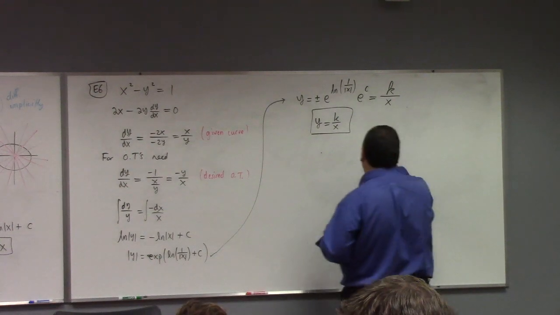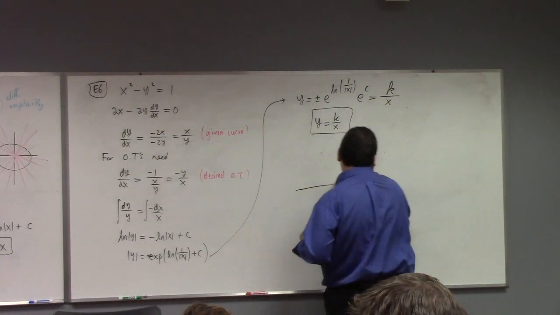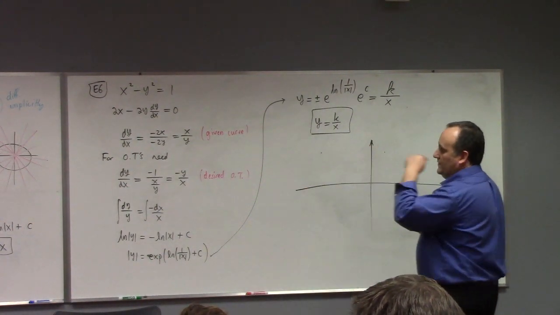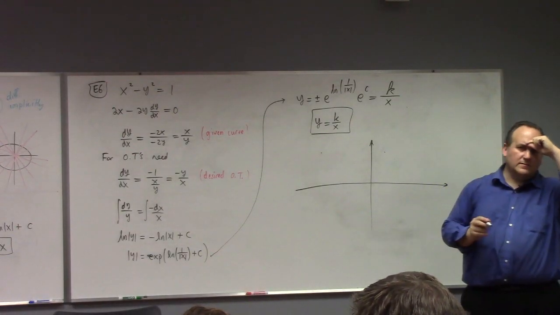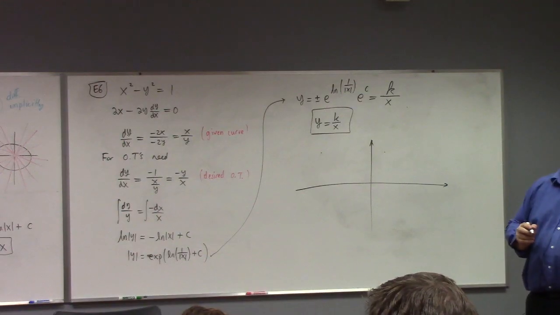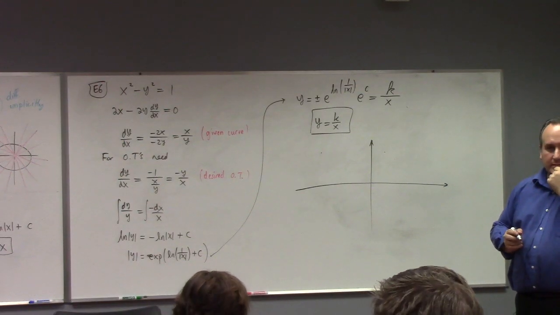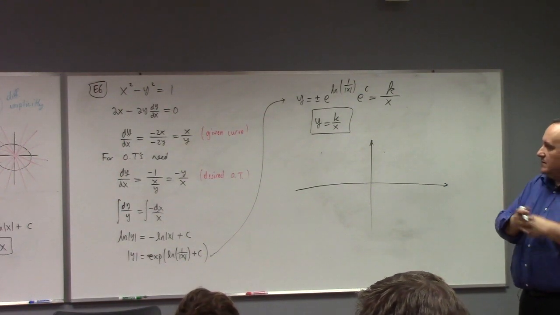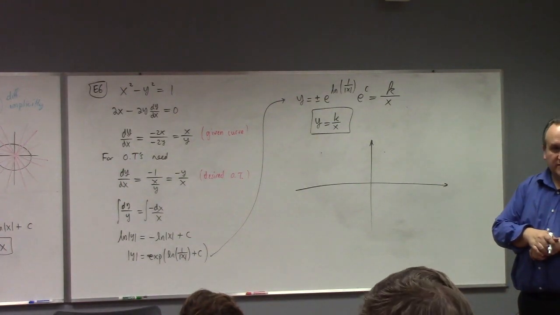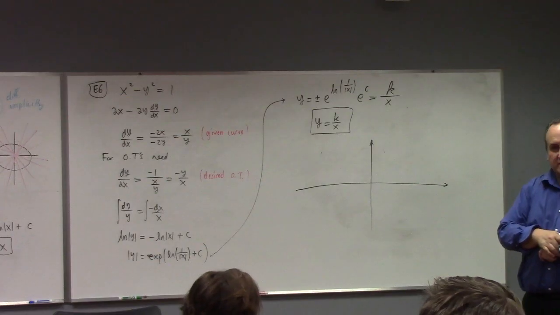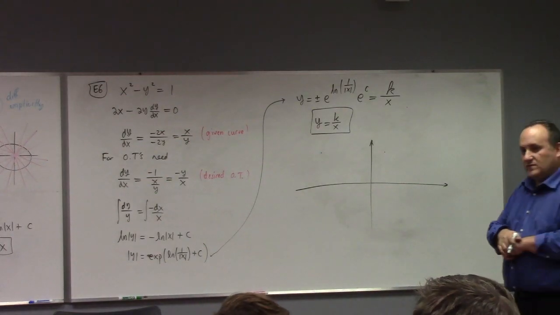And just to show you what's going on here, the given curve is a hyperbola. Does it open up or down or left or right? If I put x equals 0, there's no solution, which shows you that this hyperbola never crosses the y-axis.